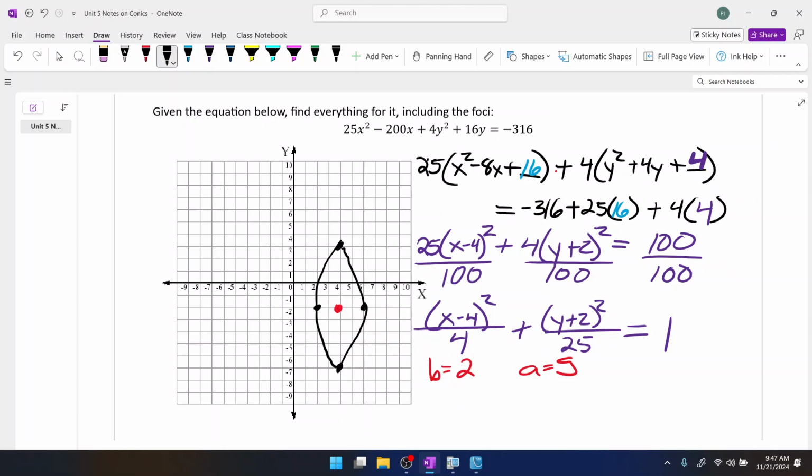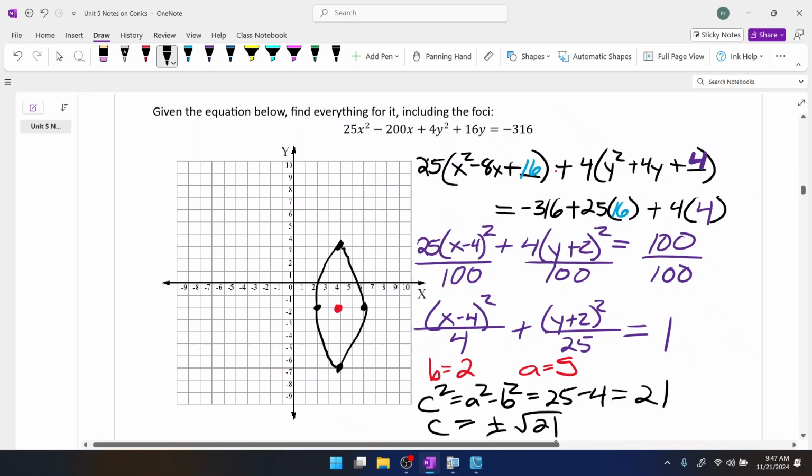All right, now we'll figure out the C value, which is A squared minus B squared, which is 25 minus 4, which is 21. C is going to be plus or minus the square root of 21. That's not simplified. You can't simplify that. And the square root of 21 is 4 and change.